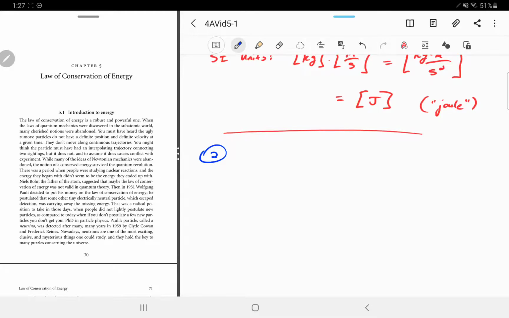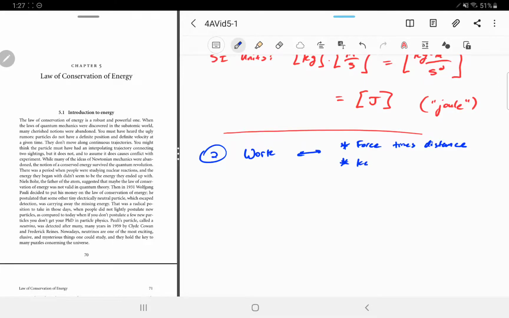So to give you a general sense of what work is, very informally, for one thing, it's force over a distance, force times distance. The way you probably want to think about work is: is the force giving energy to the object, or is it taking away energy from the object?